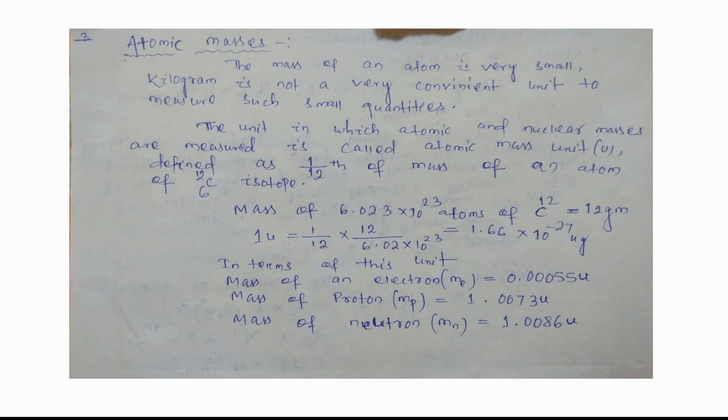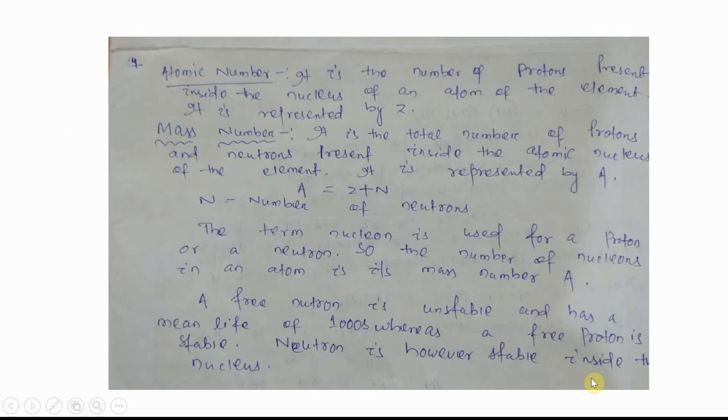In that case, these masses of electron, proton and neutron can also be expressed in terms of electron volt. Later we will discuss that, but you have to remember one thing: the masses of electron, proton and neutron in terms of this unit, that is AMU, atomic mass unit.